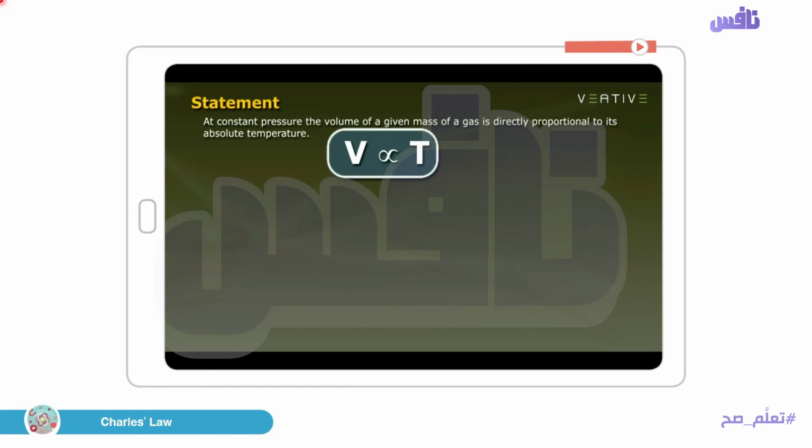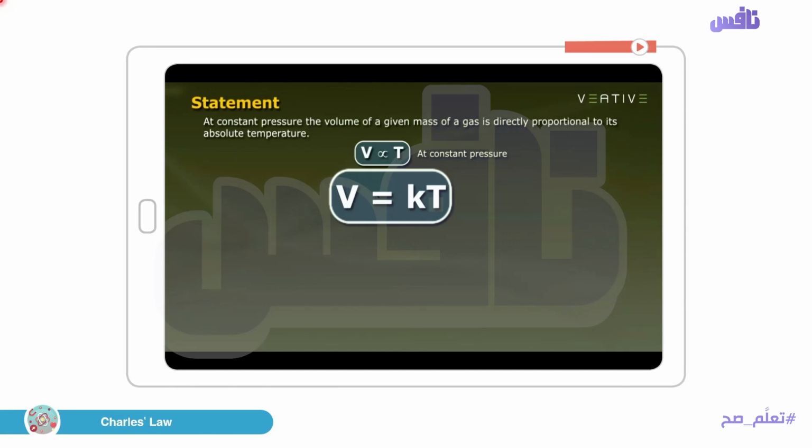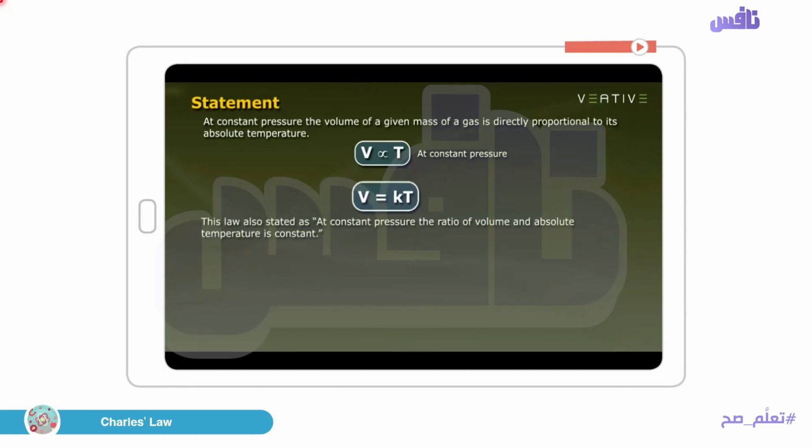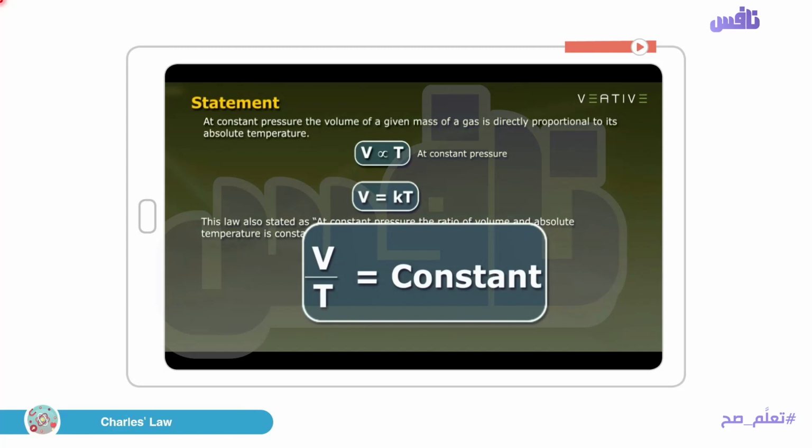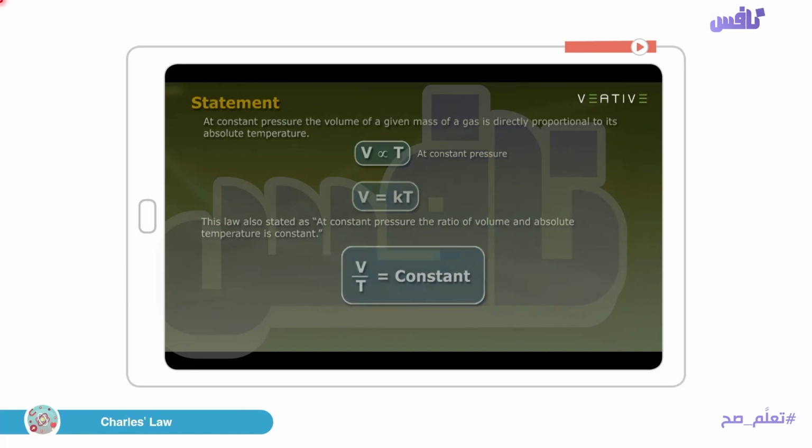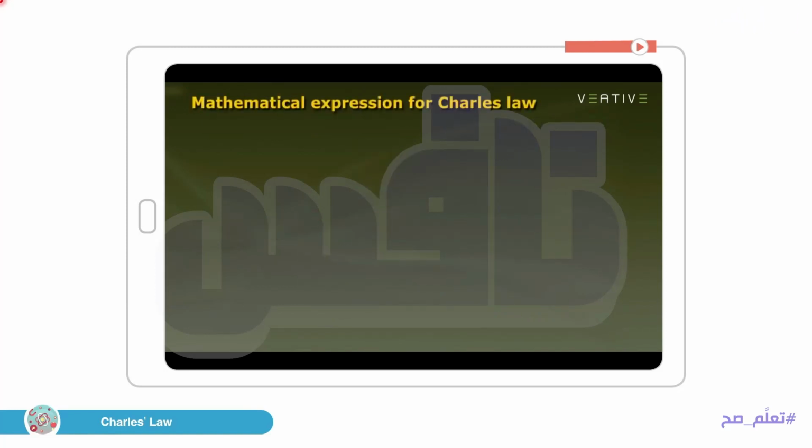So V is directly proportional to T at constant pressure, so V equals a constant multiplied by T. So we should say at constant pressure, the ratio of volume and the absolute temperature is always constant, which means V and T are directly proportional. And according to Charles' law, V is directly proportional to T.